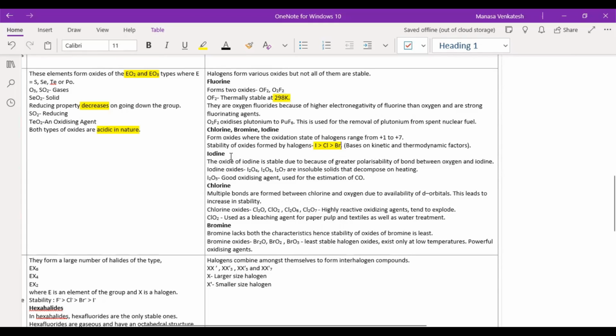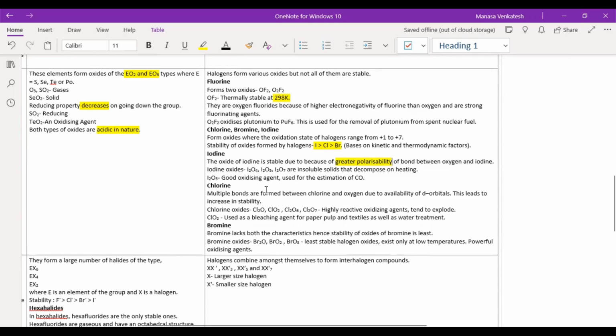In the case of iodine, first of all, the bond polarizability is high between the oxygen and the iodine atom. Because of that, these are insoluble solids and they decompose on heating only. So they're quite stable. I2O5 is actually a good oxidizing agent. Next, chlorine.